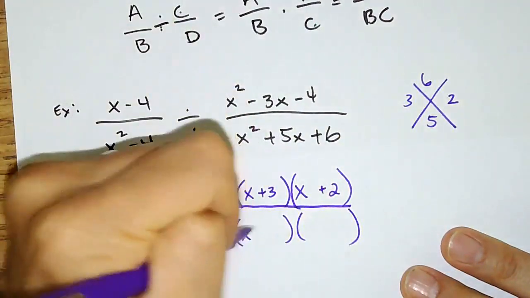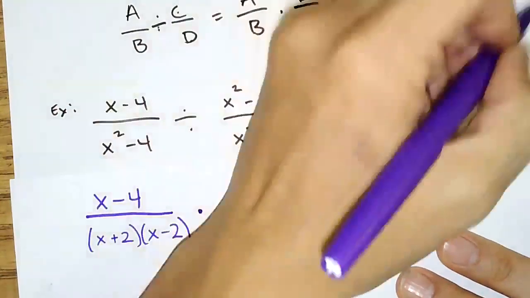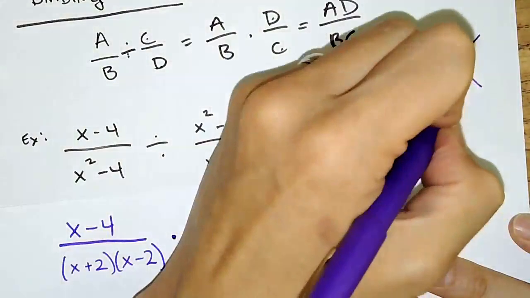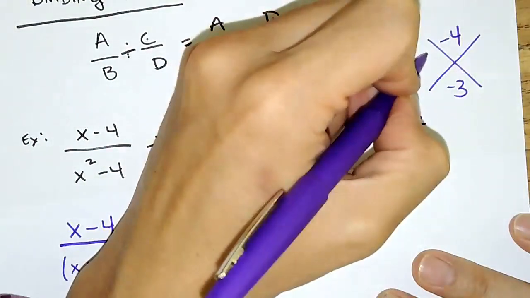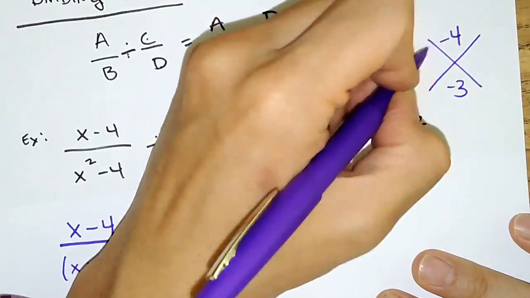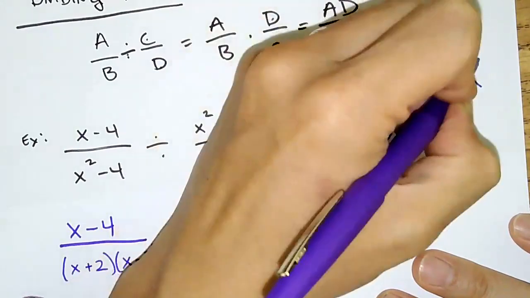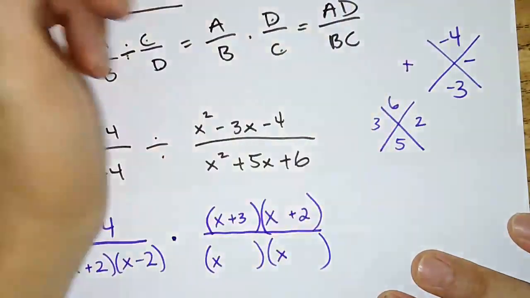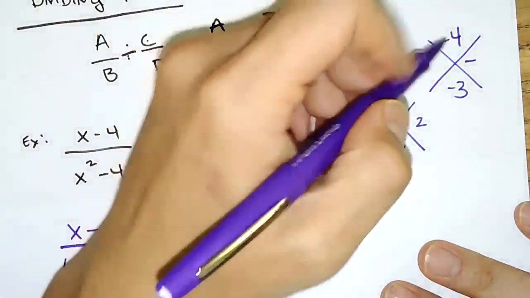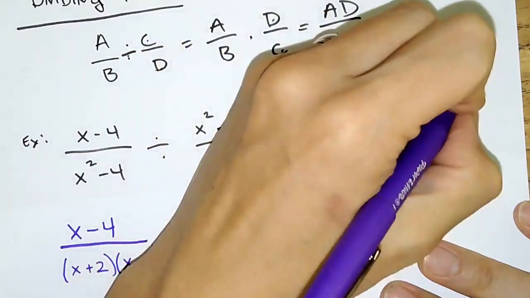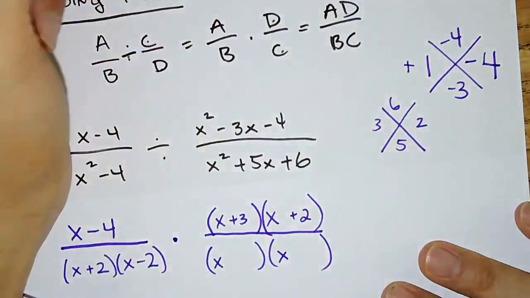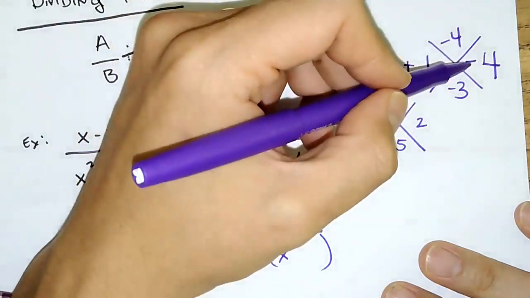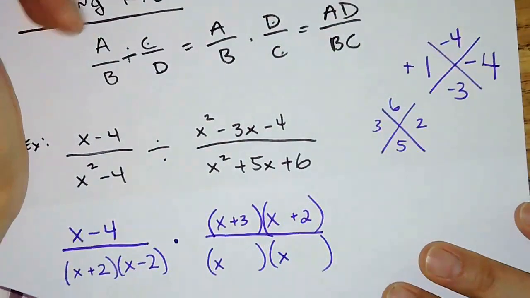Remember, x and x. Two numbers that get me a product of -4 and a sum of -3. Because this is a product of a negative number, I know one needs to be positive, one needs to be negative. This is negative, so this is -4 plus 1. Positive 1 minus 4, that's -3. Positive 1 times -4, that's -4, right?